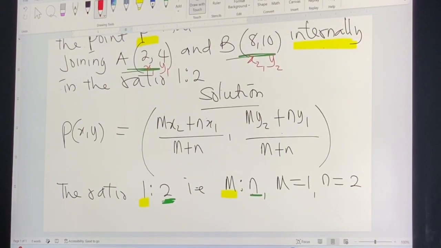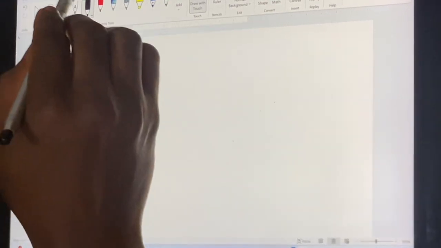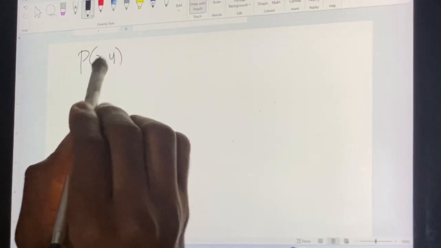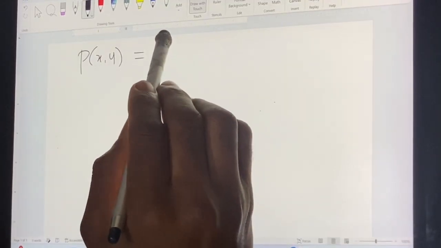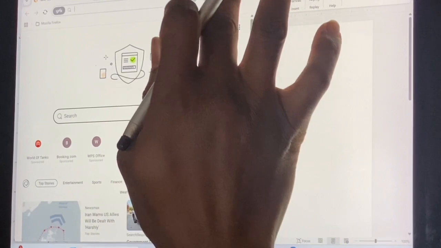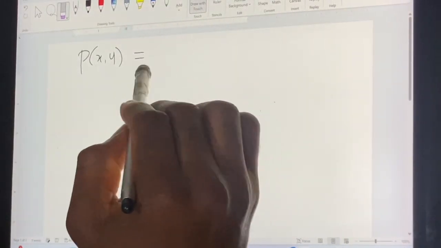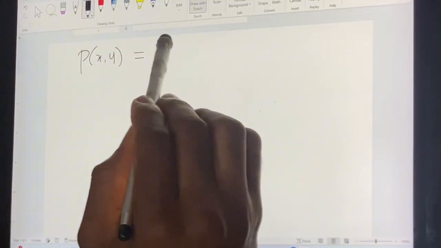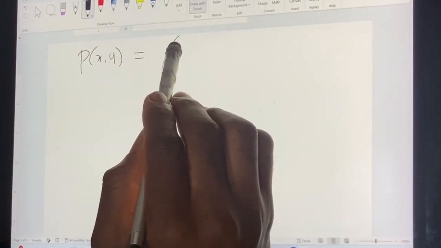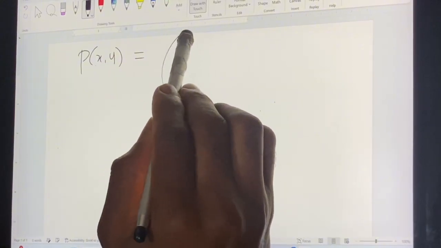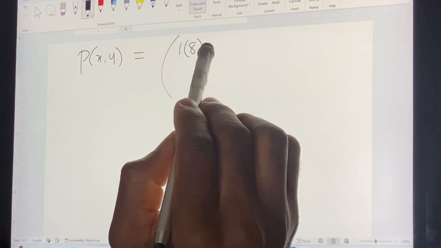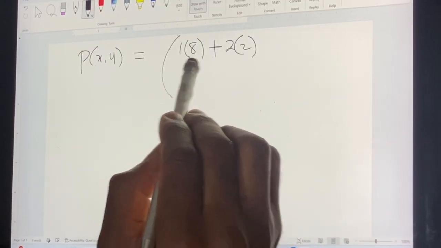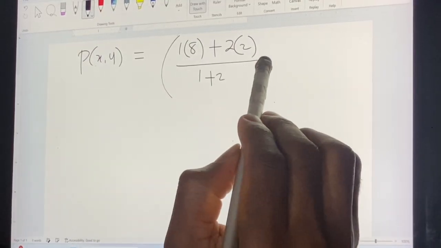So replacing this here, we have something like this. Replacing this here, we have the point (x, y) is equal to, let's replace this, m is 1 times 8, which is x2, plus 2 into 2 over 1 plus 2.